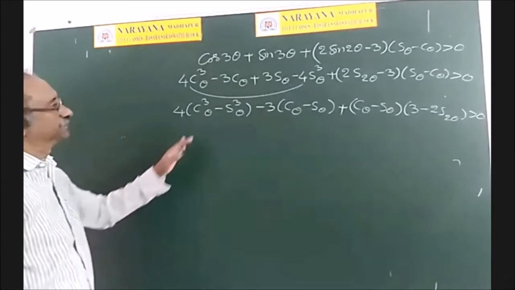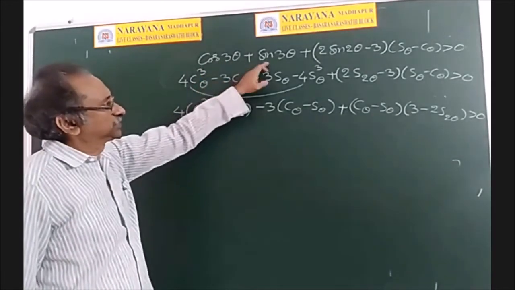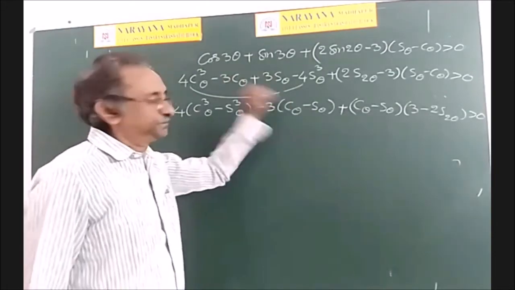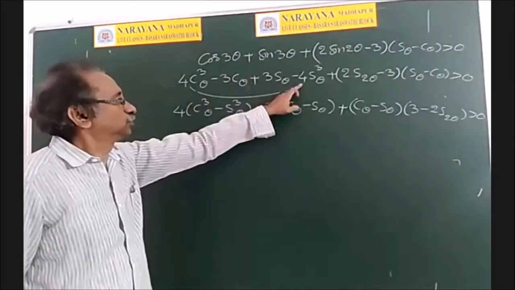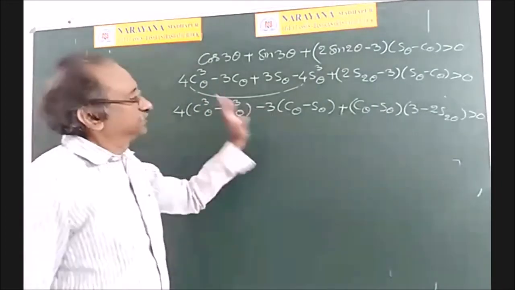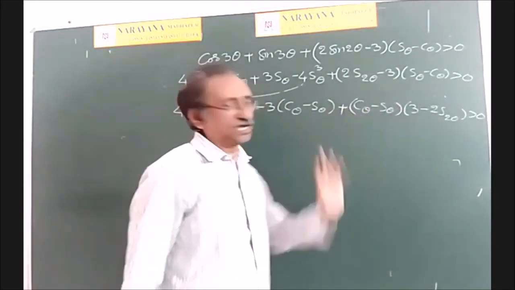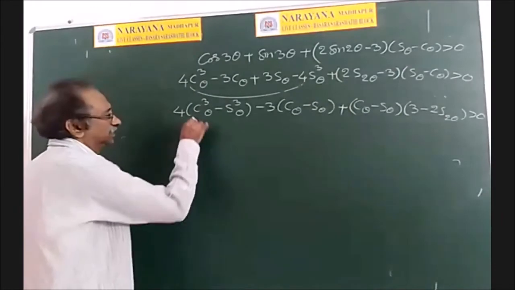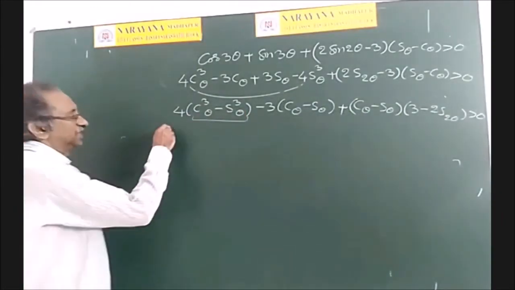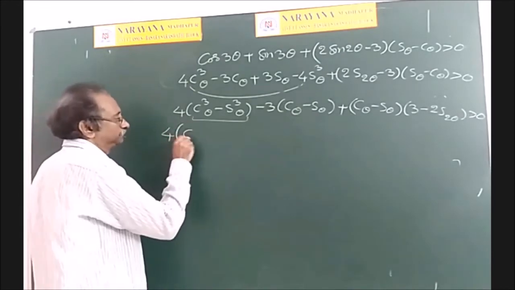Okay, that is the first step. So simply, I used the formulas for cos 3 theta and sin 3 theta. After that, I have taken only 4 common here, minus 3 common here, just a minus common here. And I am using the formula of a cube minus b cube. What is the formula for a cube minus b cube?